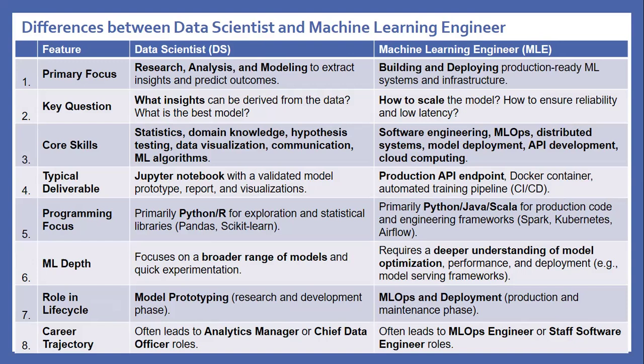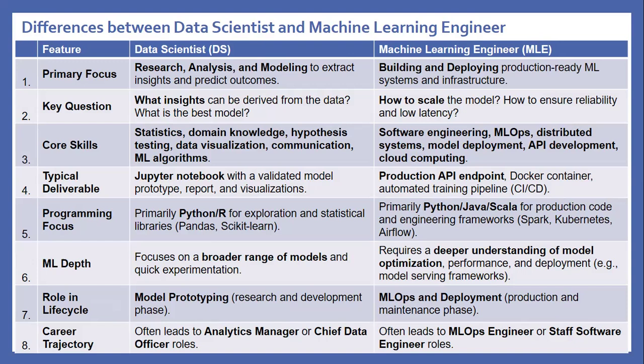ML depth. Data scientist: focus on a broader range of models and quick experimentation. Machine learning engineer requires a deep understanding of model optimization, performance, and deployment. Example: model serving framework. Role in life cycle.